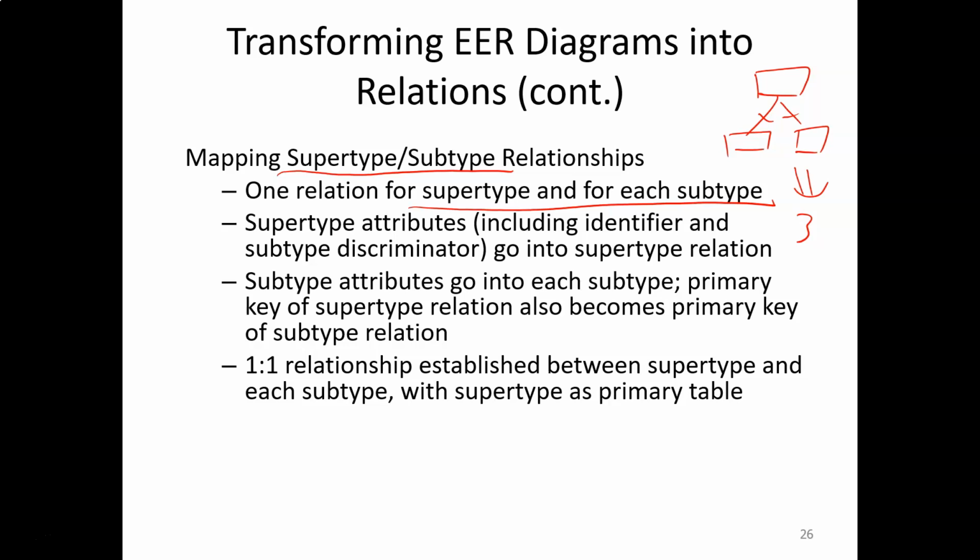And the primary key of the supertype relation also becomes the primary key of the subtype relation. So the supertype and subtypes will have the same primary key. And you will also establish a one-to-one relationship between the supertype and each subtype. Let's take a look at an example here.